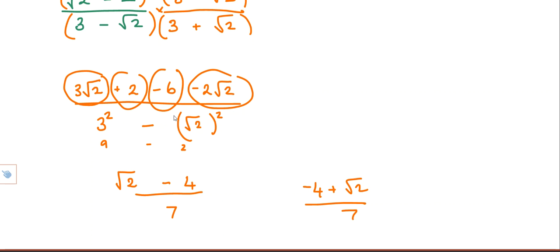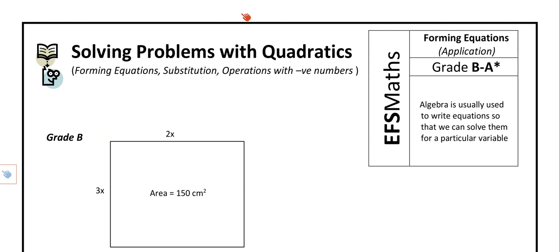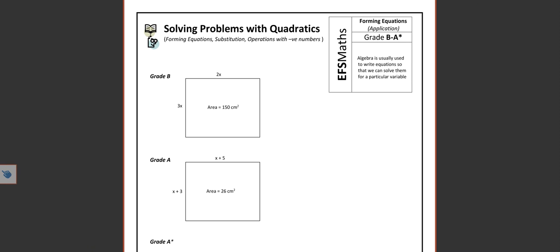Ones like that. Right, I am now wanting to talk about quadratics again, please. Now, what we have to be able to do is form and solve equations that will end up being quadratic equations, and that tends to come from questions involving shape, area and perimeter, mainly area.